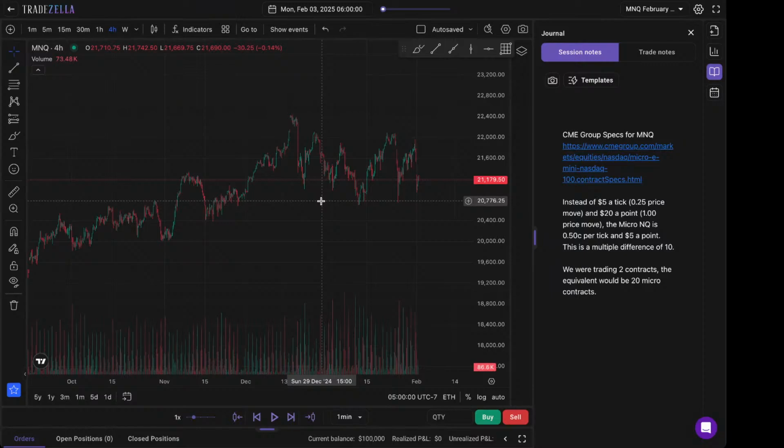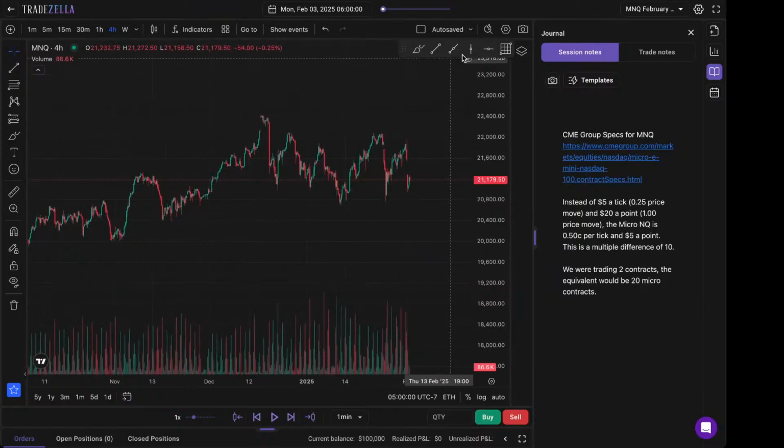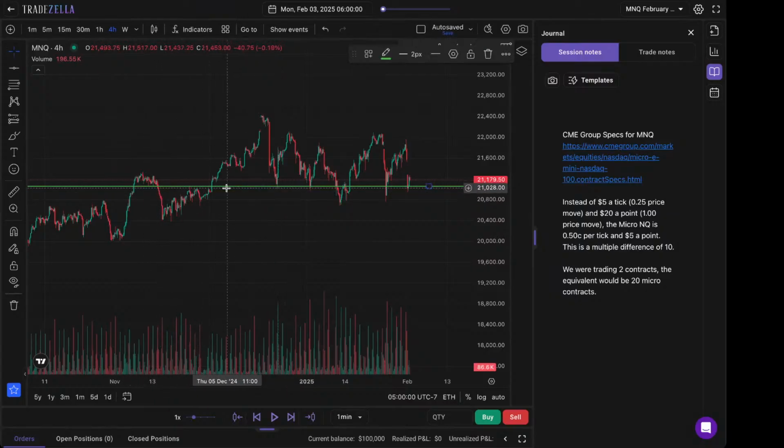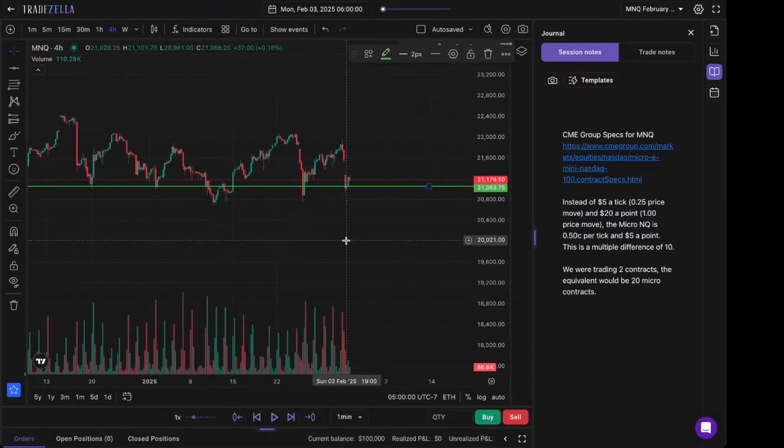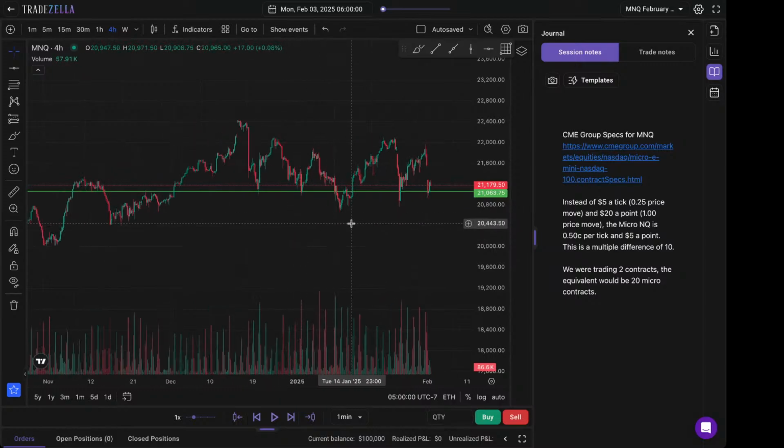So let's find some trend lines. Let's find some support and resistance areas, and mark it up a little bit here on the 4-hour. Right here. See, we got all these touch points. That's why we see price with a little bounce right now.